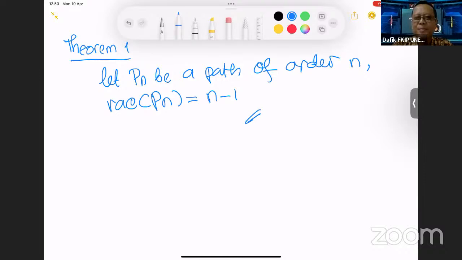That's the theorem here. So you already have one theorem that you can publish.